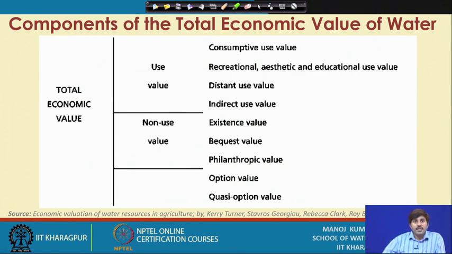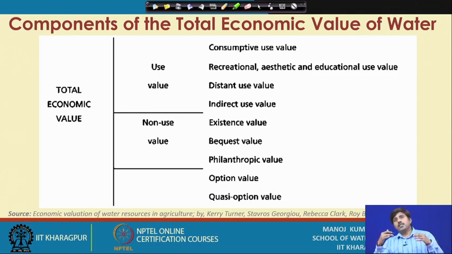Now, various subclasses, or distinctive values, have been assigned to use values and non-use values of water, and in combination they give the total economic value of water. These classifications are not uniform.